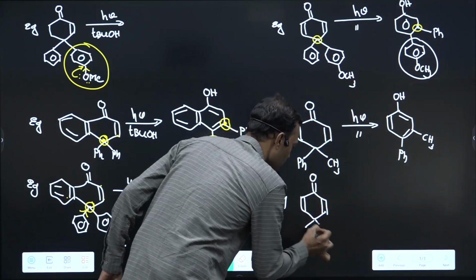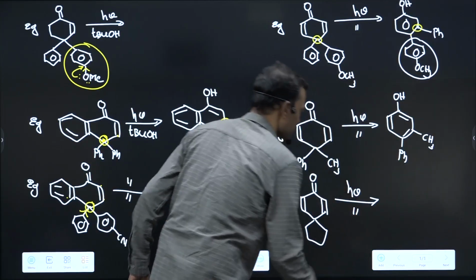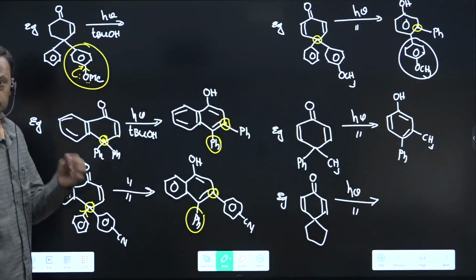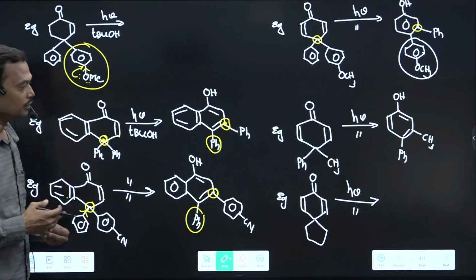This is a double bond O, and here a molecule is present. So what is the answer? Cyclohexadienone, I have given photochemically.